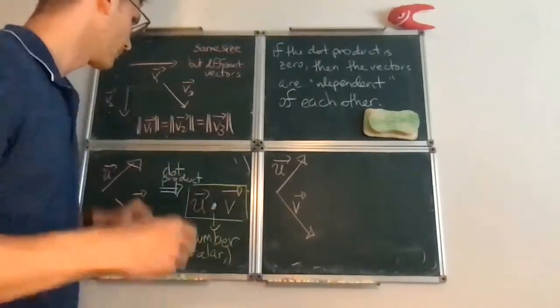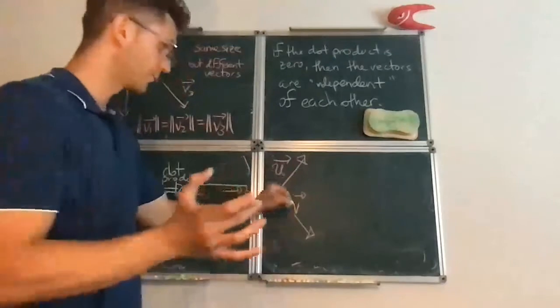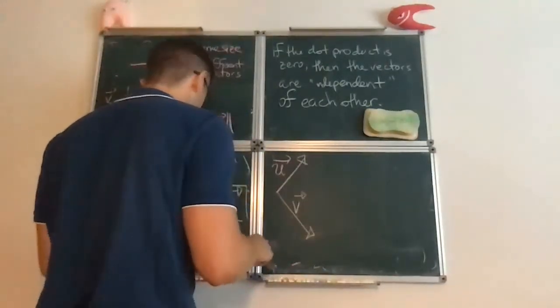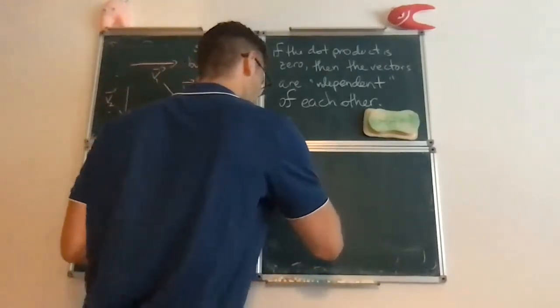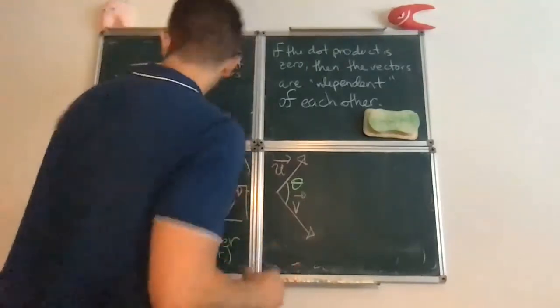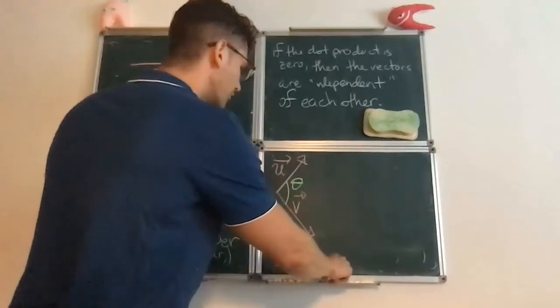And you will move them so that they start from the same place, the same point in space, and then there's going to be some angle between them, right? So strictly speaking, there are always 2 angles you could choose from.